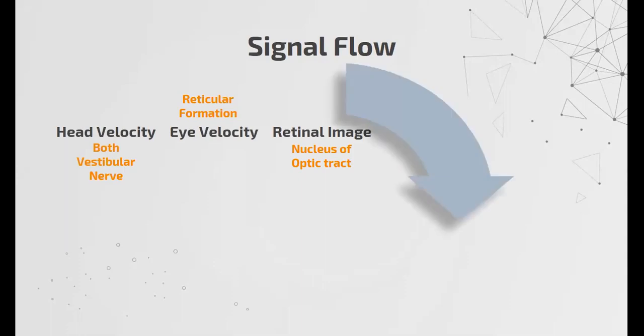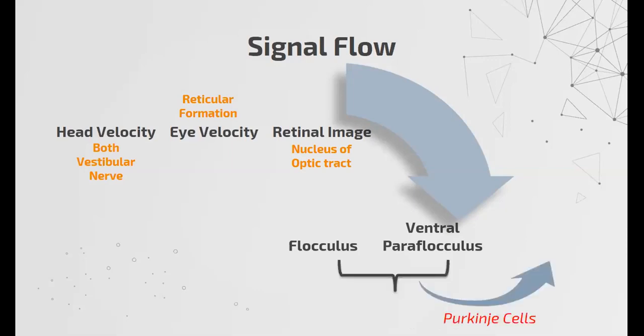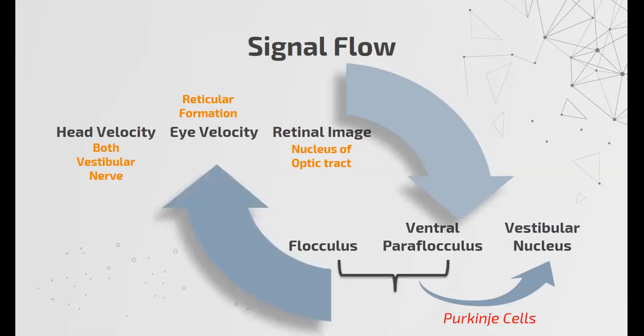They eventually send signals to the flocculus and ventral paraflocculus area, which gather the information, modify it, and send it to the vestibular nucleus. This is the flow of the vestibular system. The most important point here is the flocculus and paraflocculus area. Don't memorize anything, just see the flow.